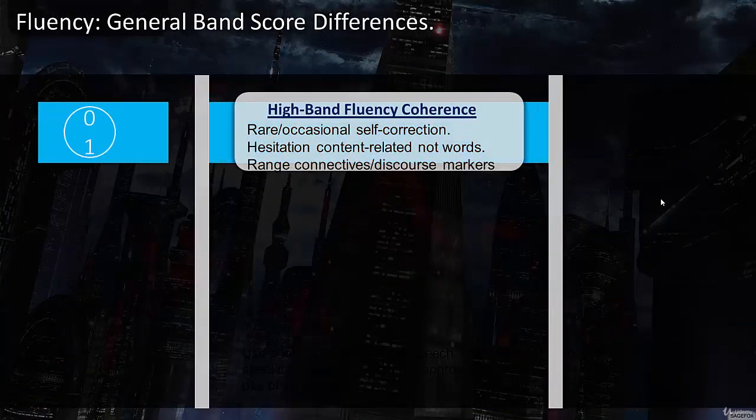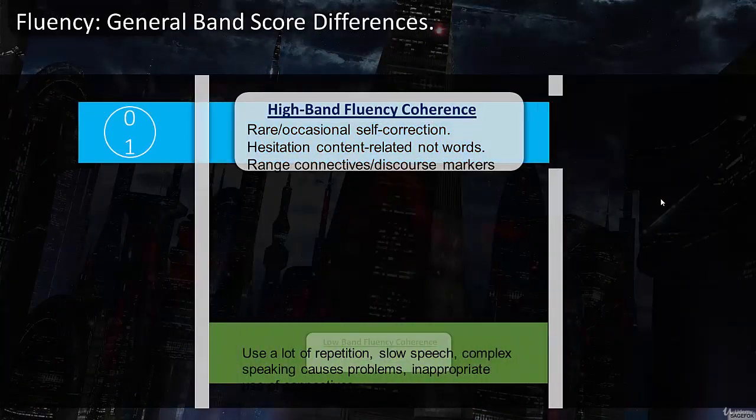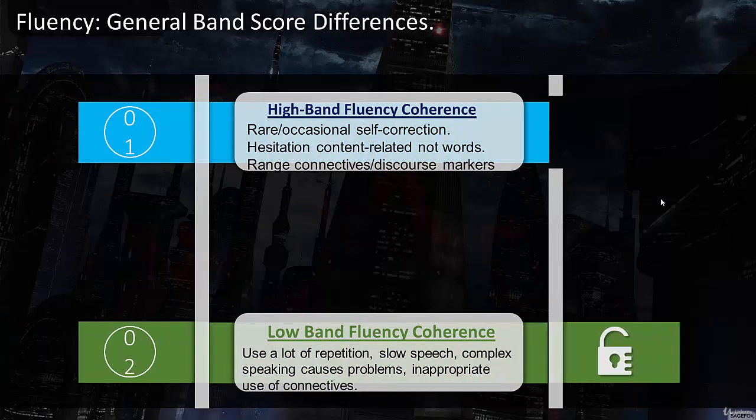Now, when we're talking about coherence, when you're getting a high band score, there's rare or occasional self-correction. If there's any hesitation, it's related to content, not related to words.